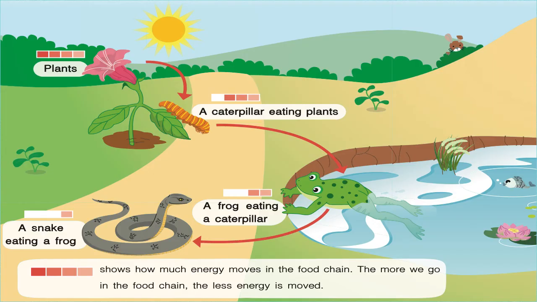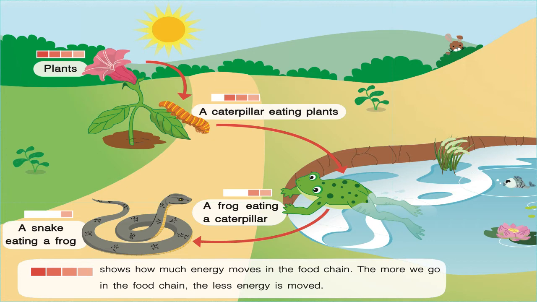Next, we have here an example of energy. Look closely at the energy of the plants. It's still full. They have 4 bars. After which, a caterpillar eating plants, one of the energy bars is reduced.